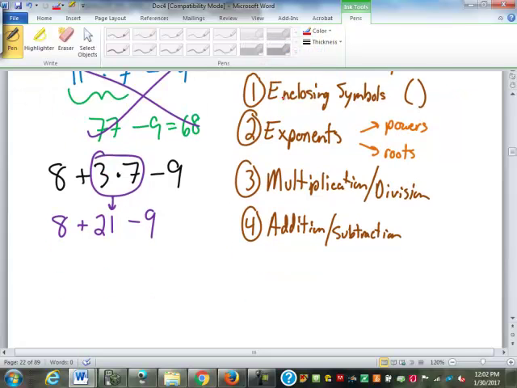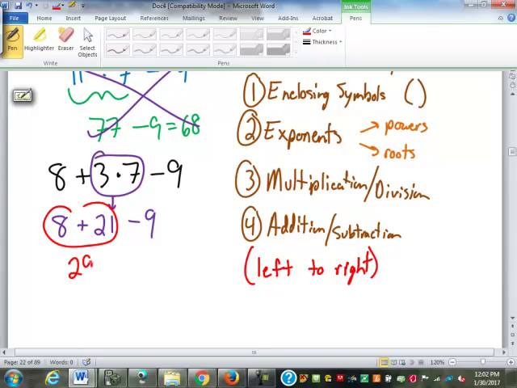And when we have more than one at the same level of priority, then we do work left to right. So 8 plus 21 is 29. 29 minus 9 is 20. So the correct answer to that problem is 20. Very different than the 68 we had before.